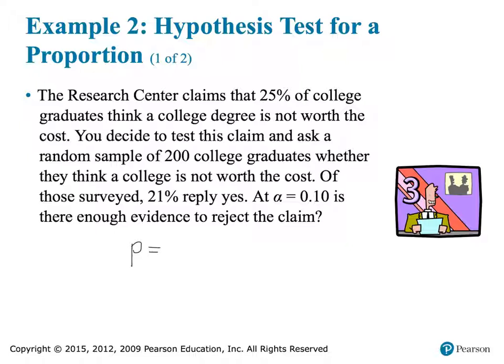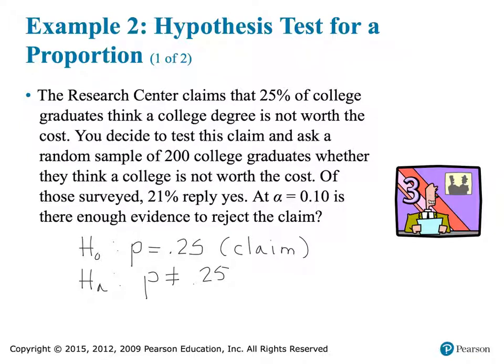So that means equal to 0.25. That is our claim, and we know that the statement of equality always belongs in the null hypothesis. So the complement of that would be in the alternative hypothesis, which would be not equal to 0.25.